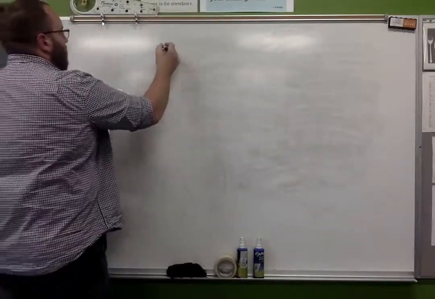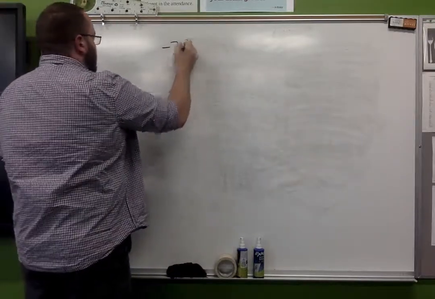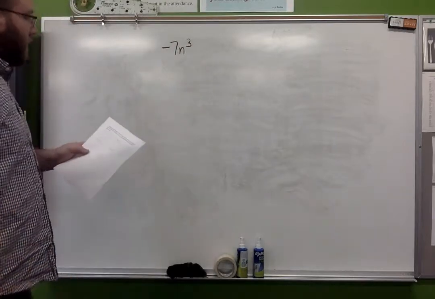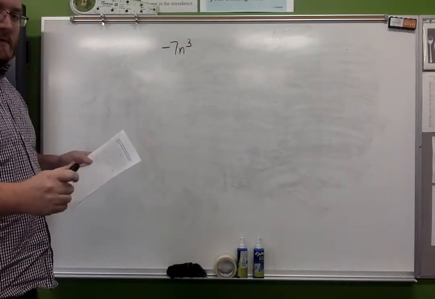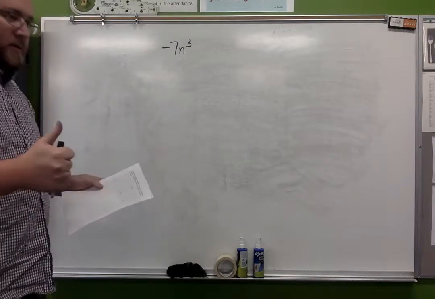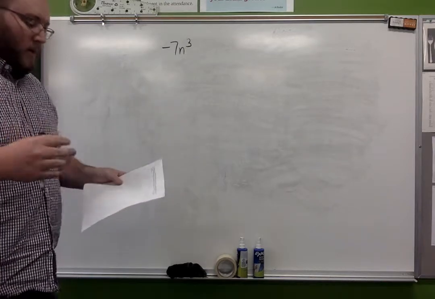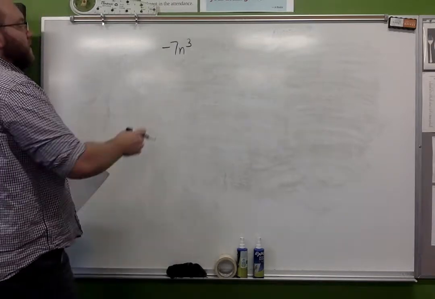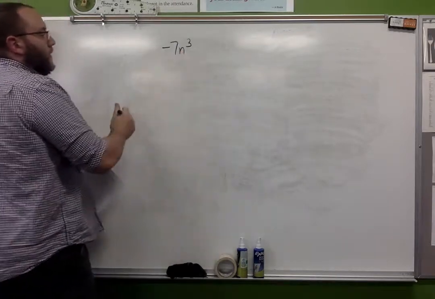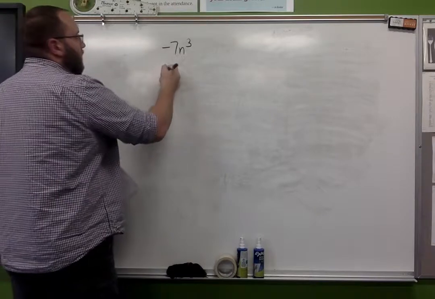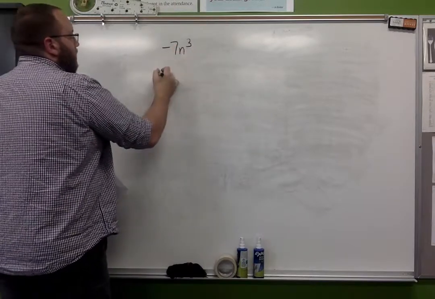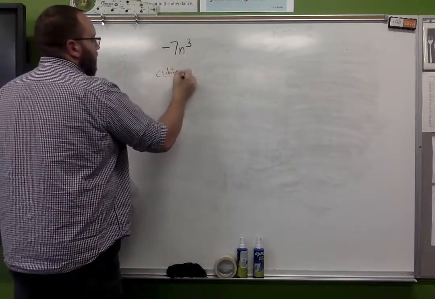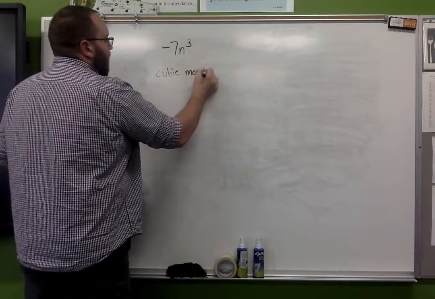Okay. So negative 7n to the third. It says we want to name this polynomial. We want to use the name of the polynomial, like monomial, trinomial, binomial, and then also the adjective of the degree describing it. So this one, it's a monomial, right, one term, and the degree is 3, so it's a cubic monomial.